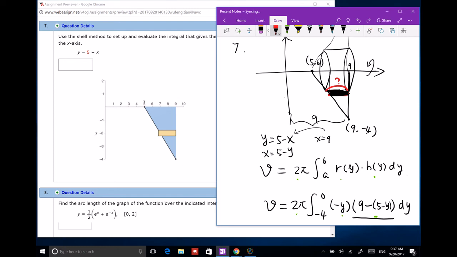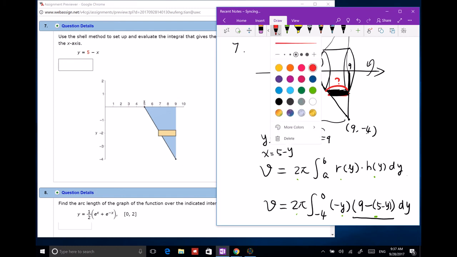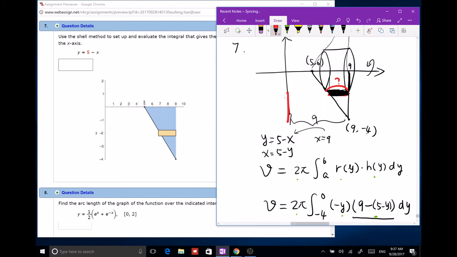The whole thing is 9, from here to here. And from here to here is the x value defined by the function, x equals 5 minus y. Does it make sense?